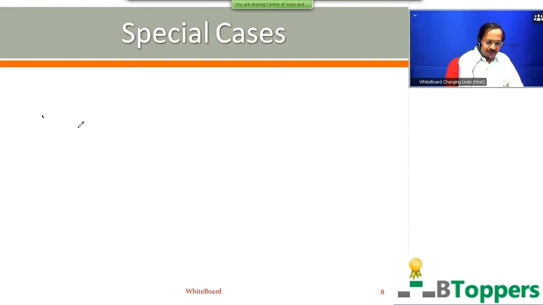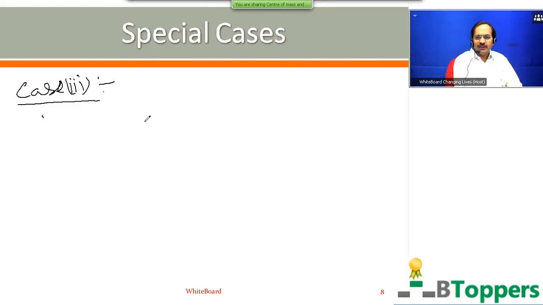So consider a system of 2 point masses now. We come across a good number of problems and examples in future where you have a system of 2 bodies or 2 point masses separated by a certain distance.